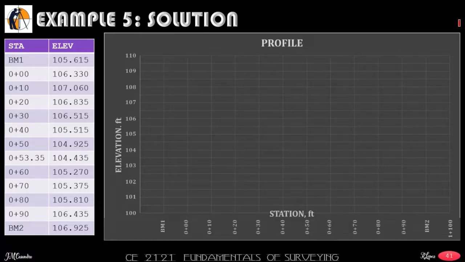So for the x-axis, this will be for our station, horizontal distances. And for our y-axis, this will be our elevations. So from the data, we will now see that the elevation of our section is a rise, a fall, and a rise.